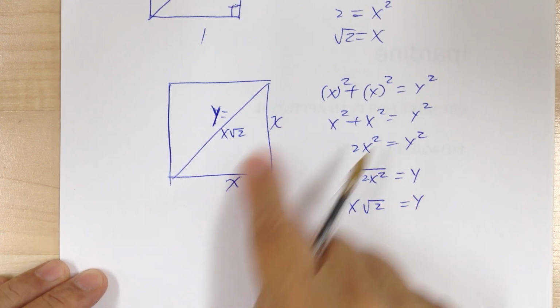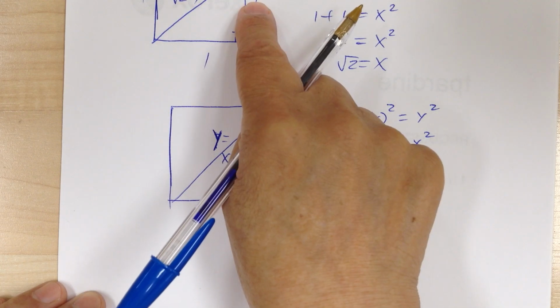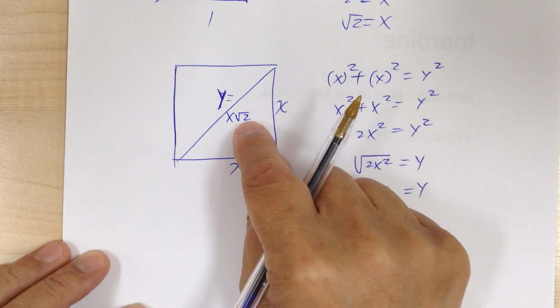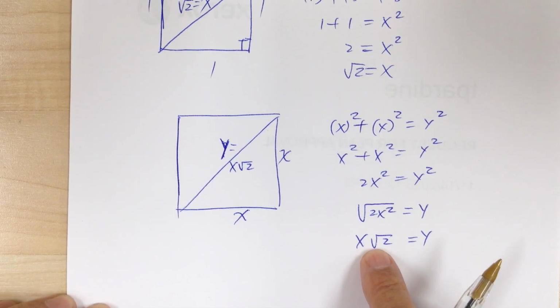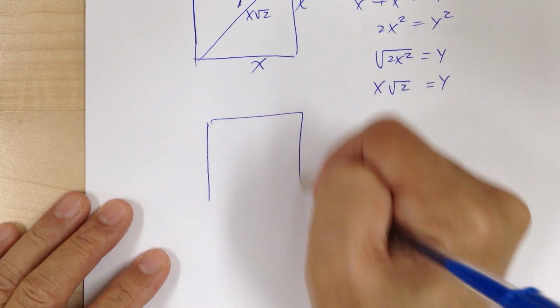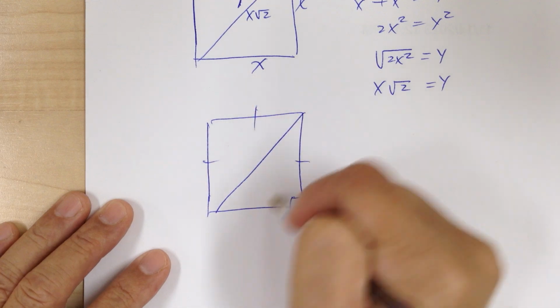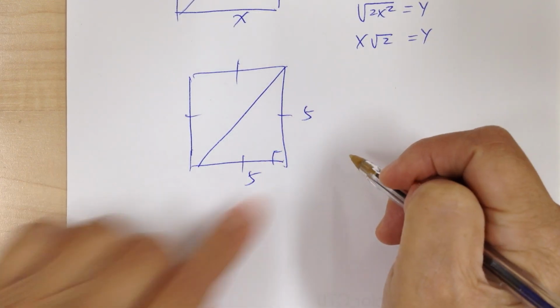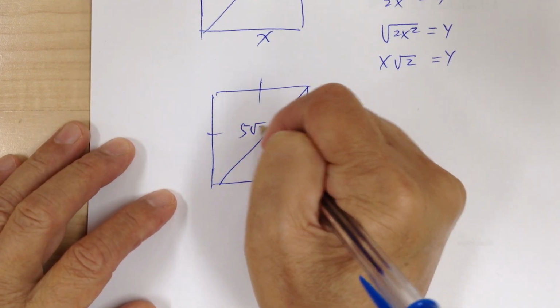So see the ratio? The hypotenuse is always square root of 2 times as long as the side. Whatever this is, you multiply by square root of 2 to get that. This came from the Pythagorean theorem. So if you have a square cut in half and this is a 5, all you have to do is multiply by square root of 2, so this would be 5 square root of 2.